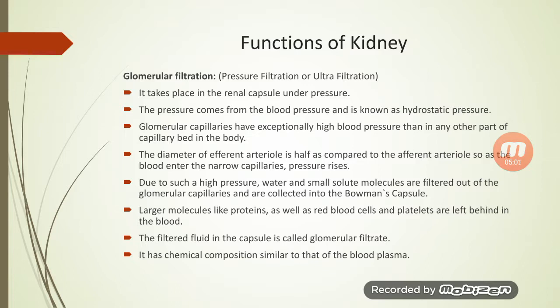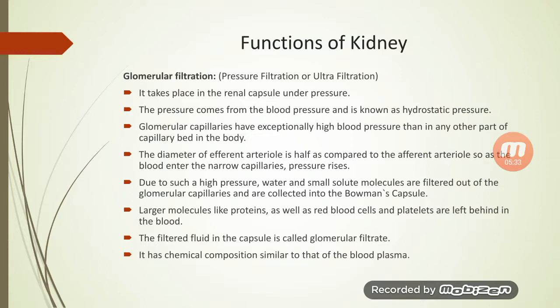The amount of glomerular filtrate that is produced in 1 minute is called the glomerular filtration rate. Glomerular filtration rate is under sympathetic and hormonal control, and it is regulated by the constriction and relaxation of the afferent arteriole, afferent that starts with A.